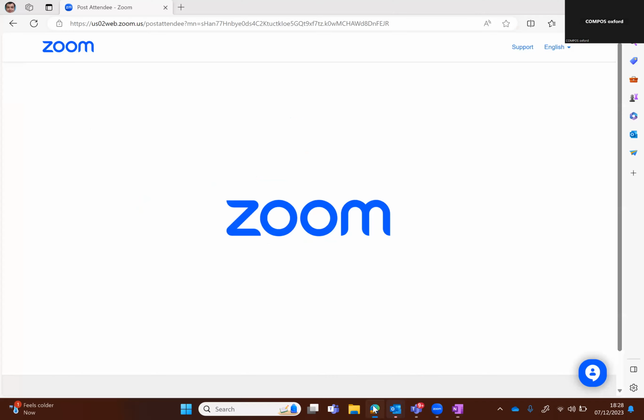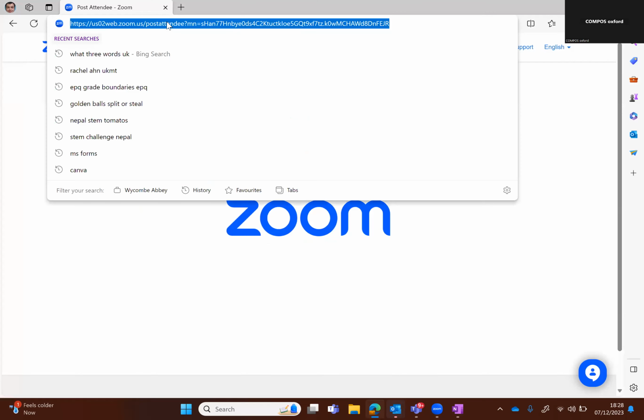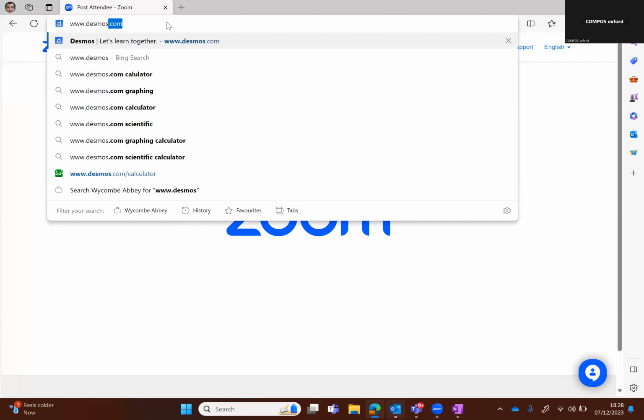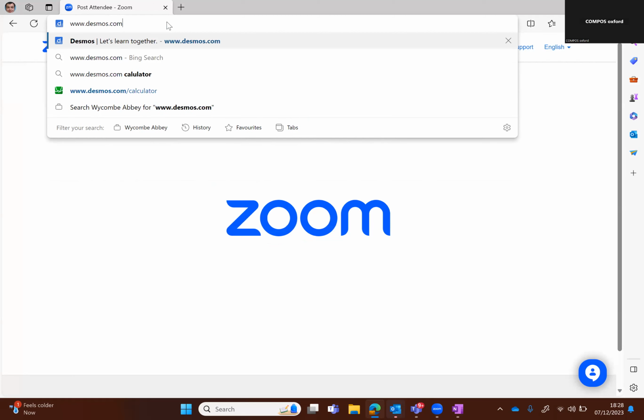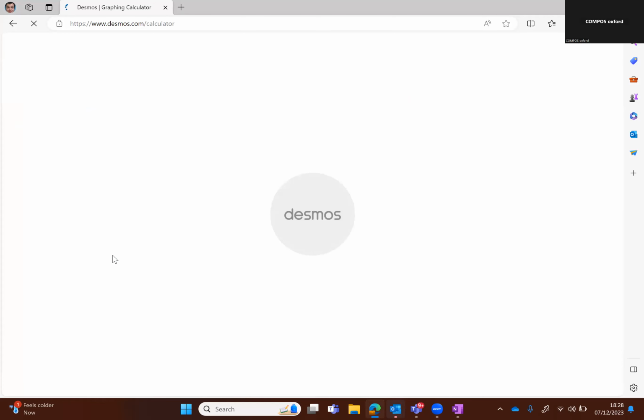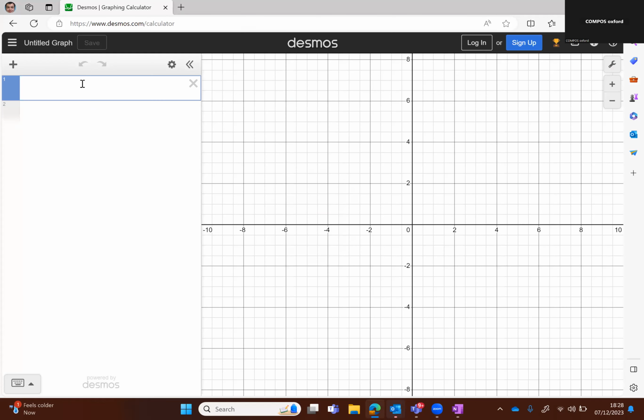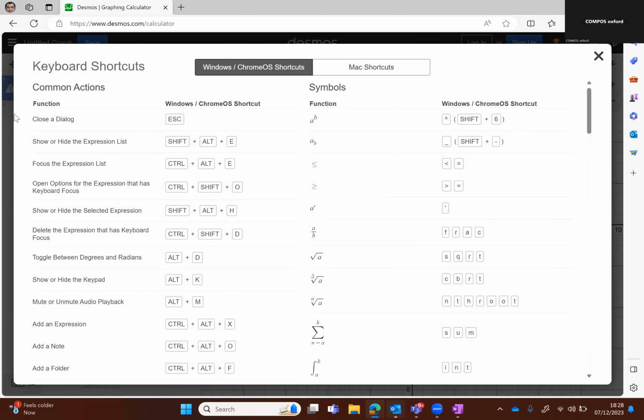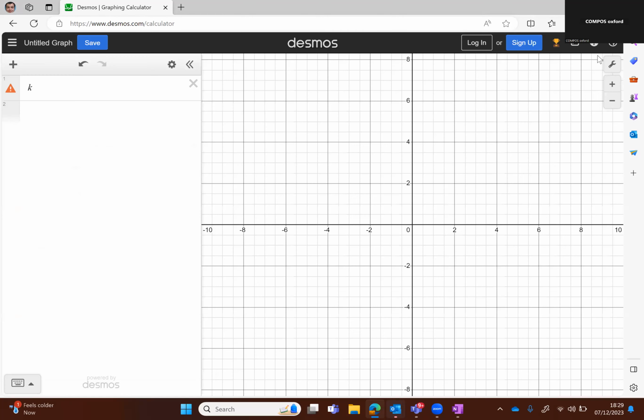But I hope lots of you have played around with things like Desmos. And in Desmos, you can absolutely just create the function that I've just created.